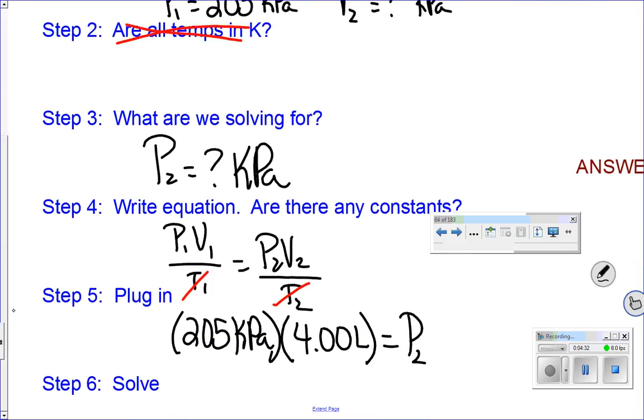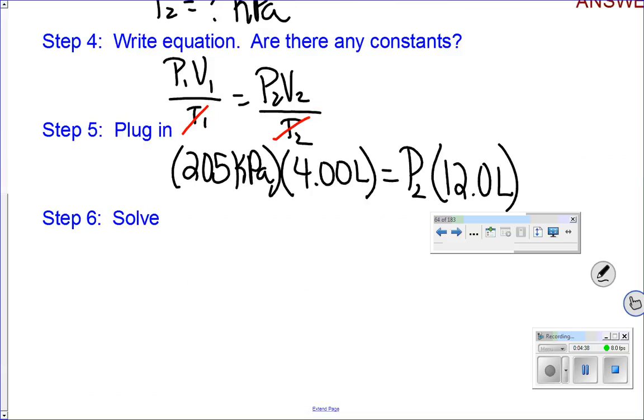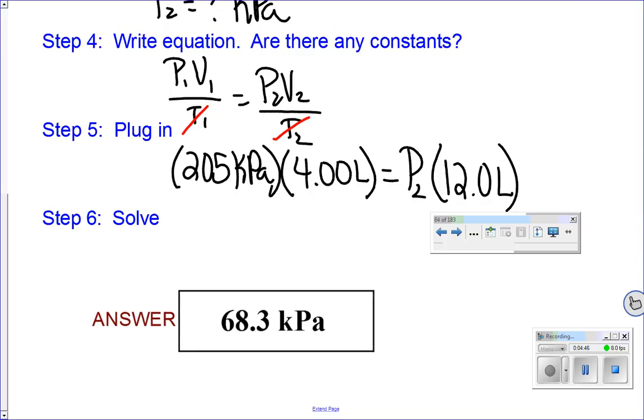And our V2 is 12 liters. So you're going to go ahead and solve. You're multiplying 205 by 4 and dividing that by 12. It should give you 68.3 kilopascals. I'm using 3 sig figs here because each of these numbers had 3 sig figs in them.